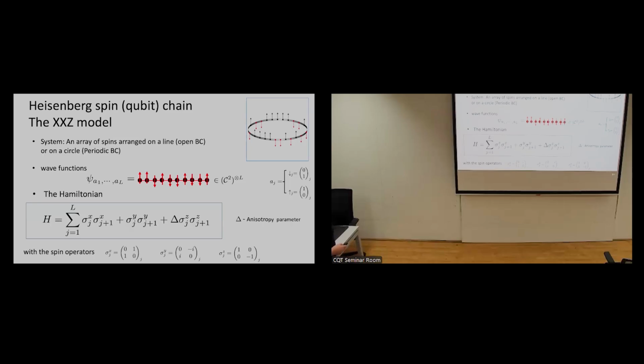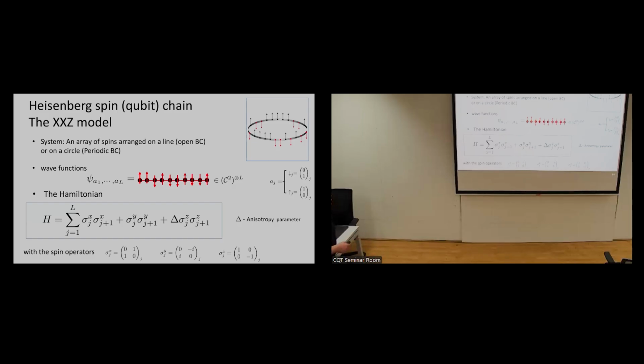Then a typical wave function will tell us where the spins are arranged. Let's say site 1 is up, site 2 is up, site 3 is down, and so on and so forth. So the a's tell us what the spin orientation is.